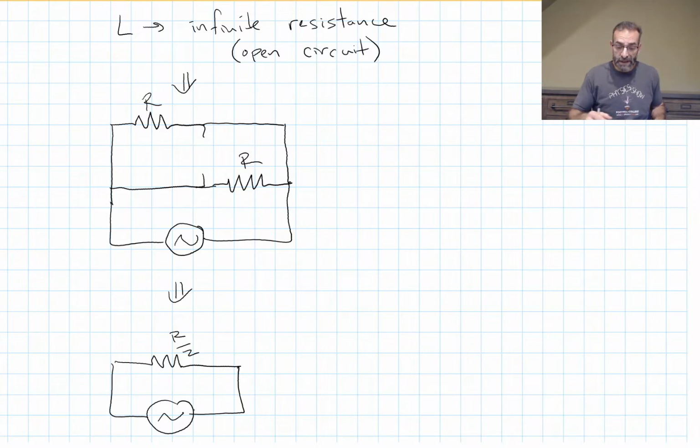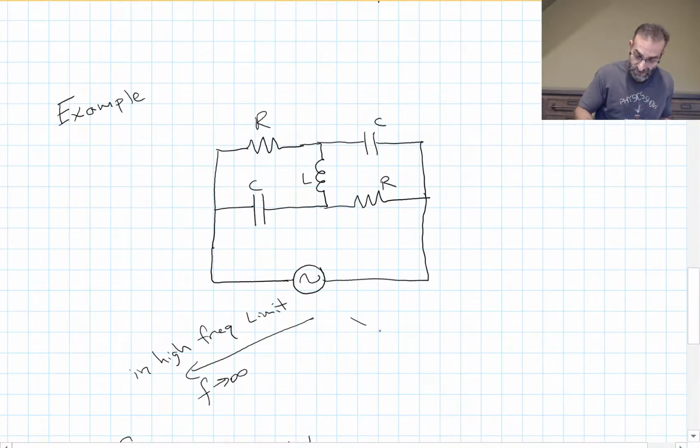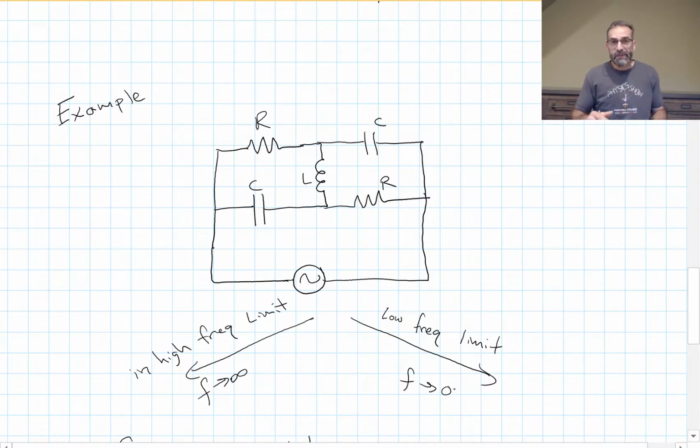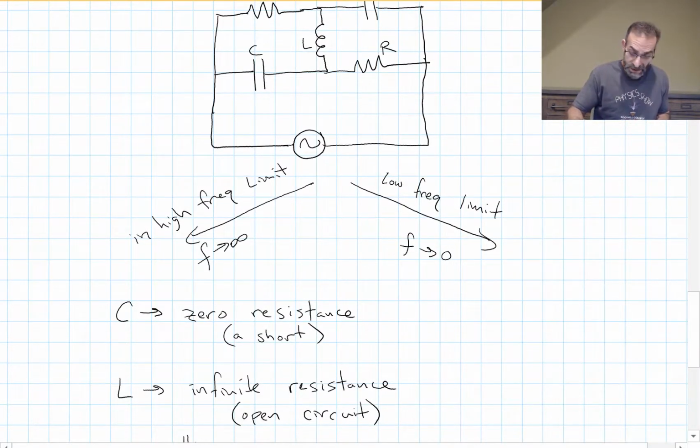Now let's take a look at what the circuit looks like when the frequency goes to 0, the low frequency limit. What does that mean? It's like we're hooking it up to a battery, a DC source.